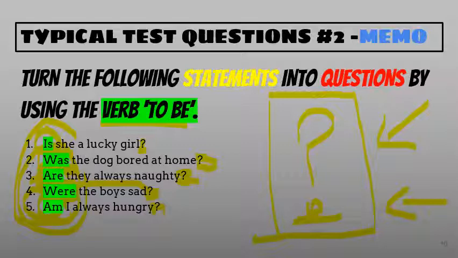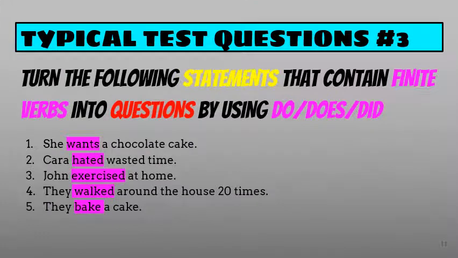Let's look at a last set of questions that you might expect. In my last set of questions, my statement may contain what we call a finite verb, or a verb that can stand completely on its own. And then I cannot start my sentence with "once she a cookie" or "once she a chocolate cake."